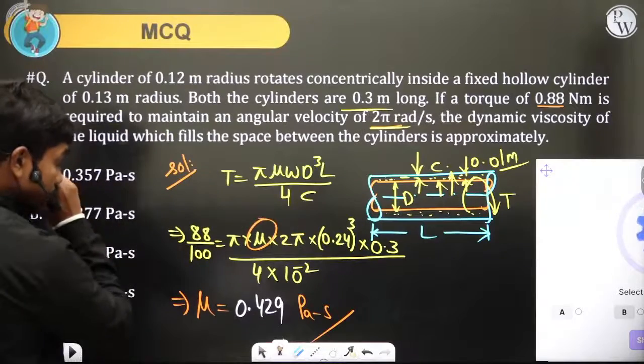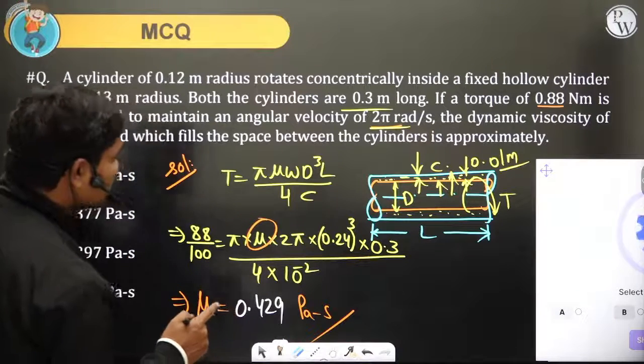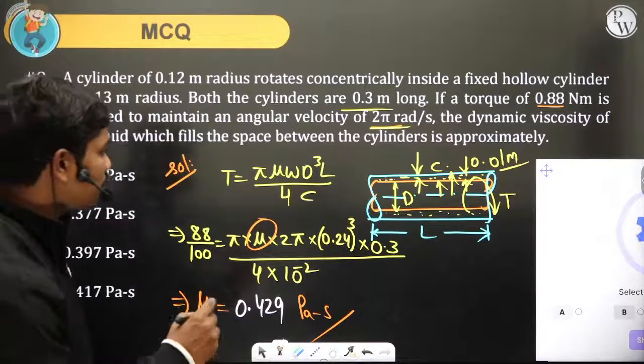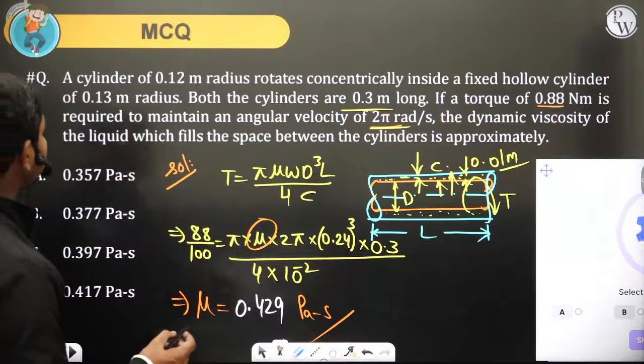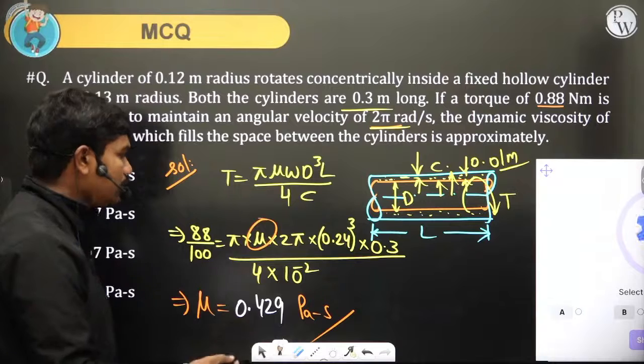88 by 100 is equal to pi into mu into 2 pi square into 0.24 whole cube into length of the shaft, which is 0.3, divided by 4 into 0.01. Yes, everything is correct.